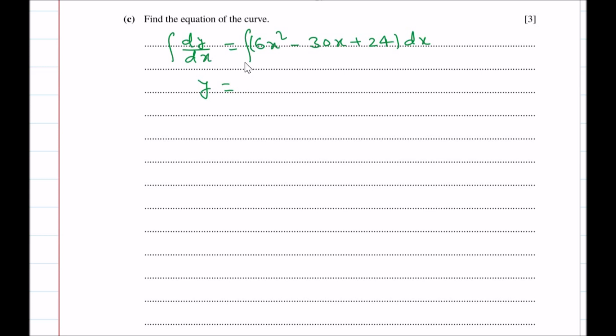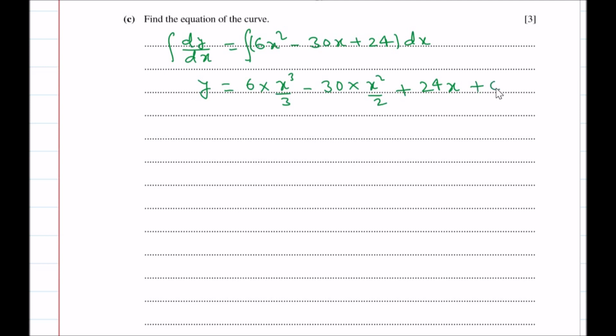Now let us integrate. We get 6 x square. For x square we get x cube by 3, minus 30 into, for x it will be x square by 2, and plus 24, it becomes 24 into x plus c.